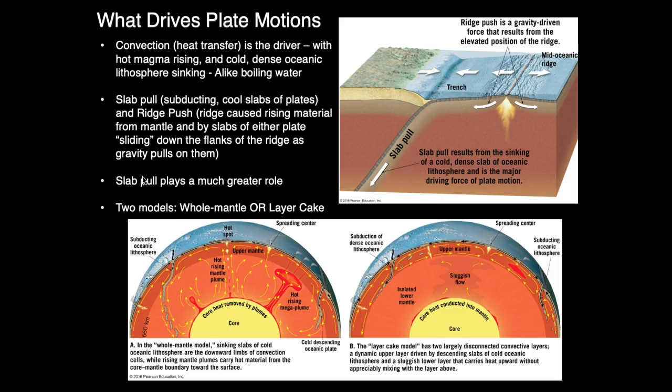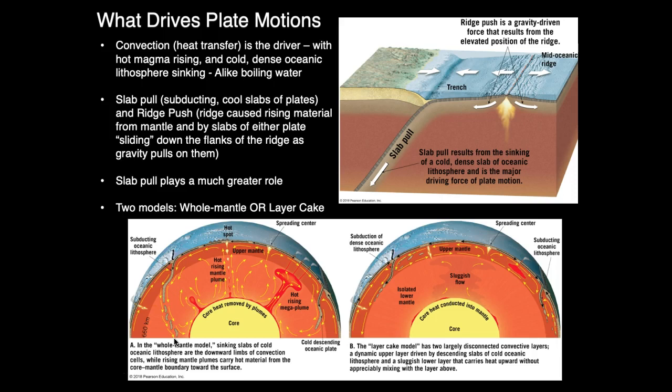So the first model that you see on the left hand side of the image below suggests that cool, dense slabs, as we know them, the slabs that are subducting into the mantle, sink as far as the mantle core boundary, so all the way down here, and hence drive the hot lower portions of the mantle all the way up through rising tube-like plumes, or through mega plumes, as you're seeing.